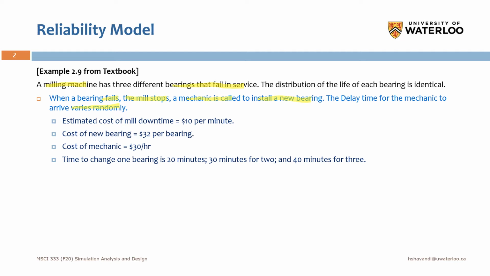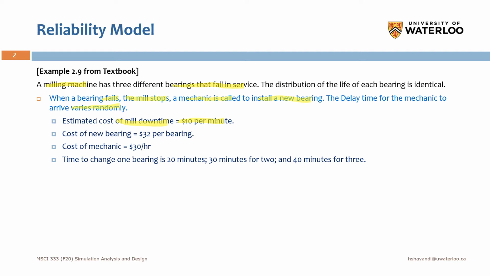During this time, the machine is not working, so we call it the downtime of the mill machine. The cost of the mill downtime will be $10 per minute. So we are going to lose $10 per minute for the downtime.